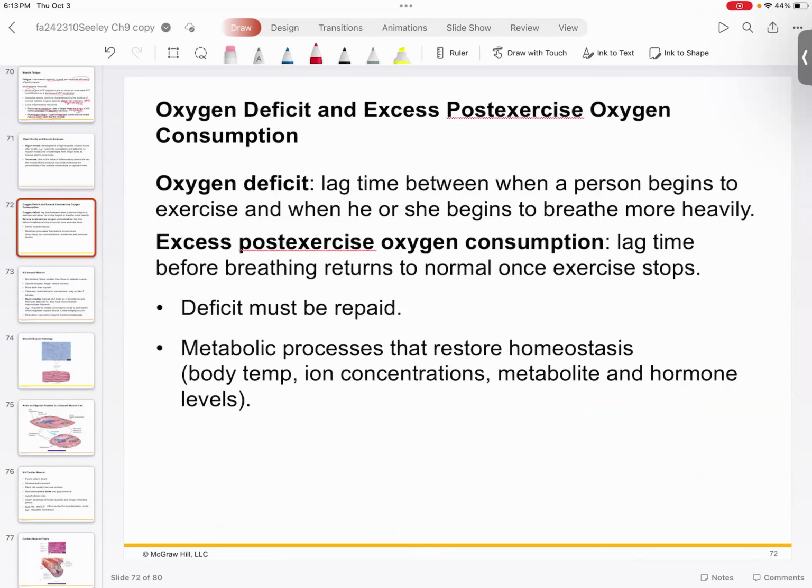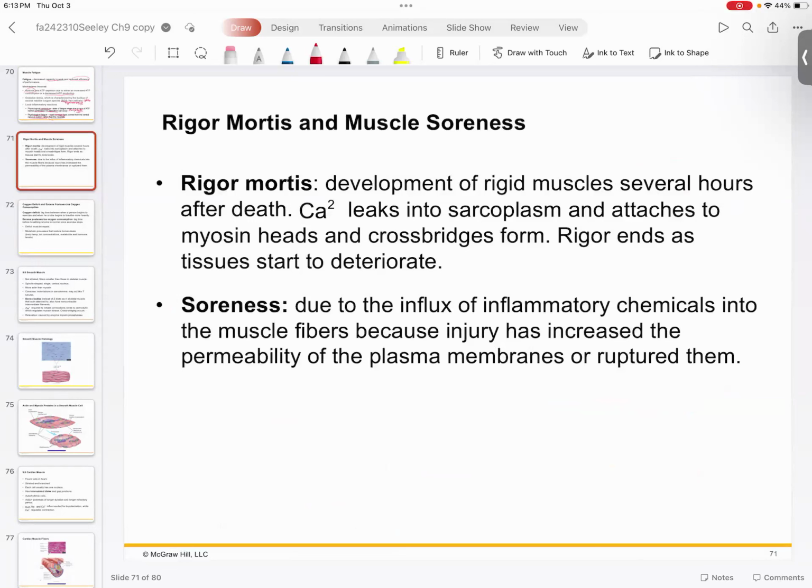This is the last one I want to talk a little bit about, which is rigor mortis and, of course, soreness. So rigor mortis is basically a post-mortem condition that is temporary. So it doesn't last forever.